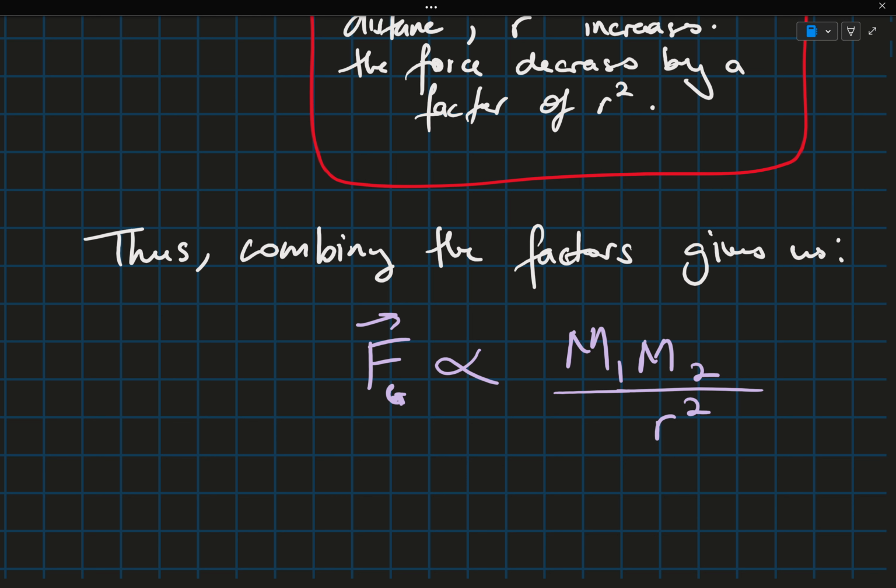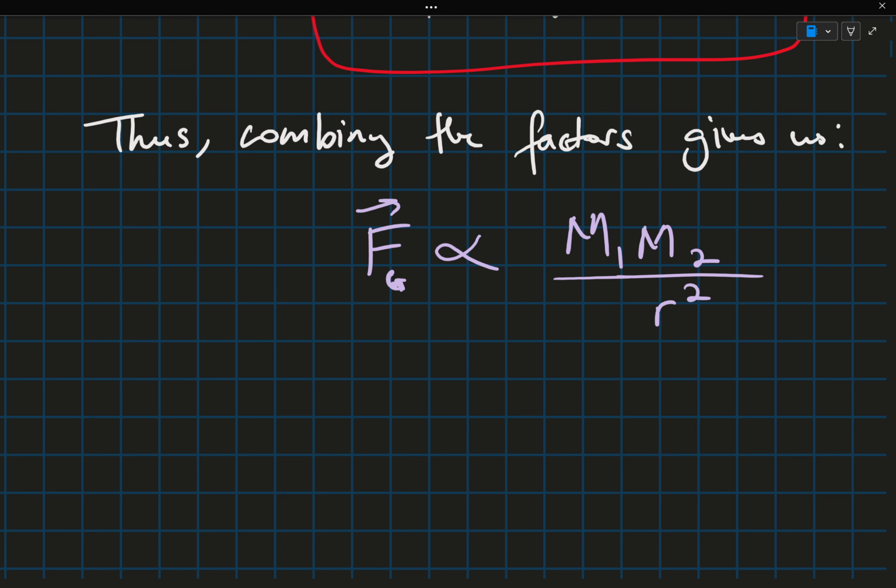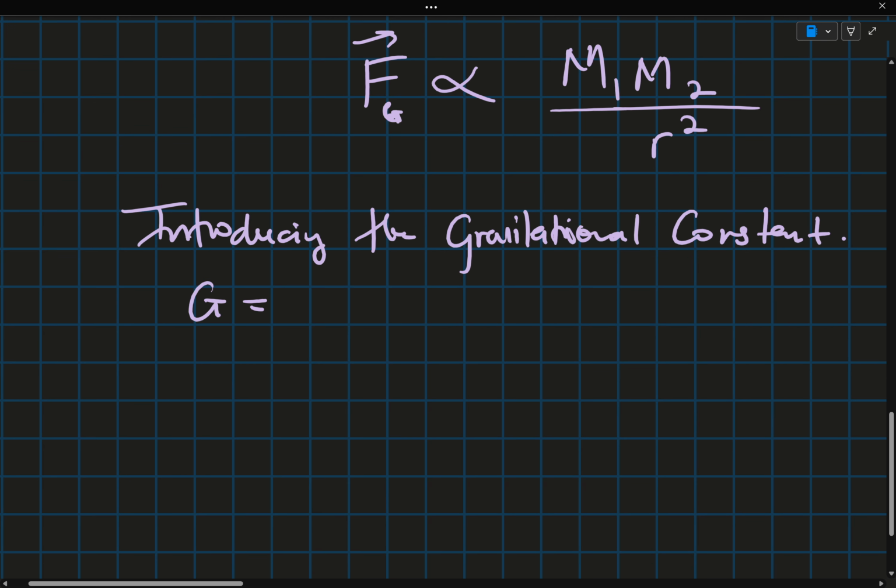And in order to get rid of the proportionality sign, we need to introduce a constant, the gravitational constant G. What is G equal to? Nobody knows what G is equal to?